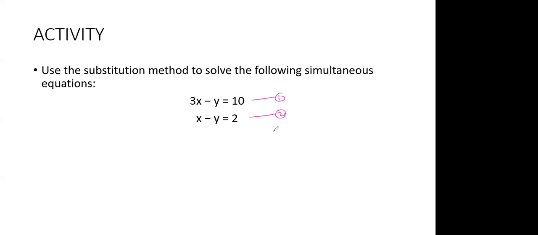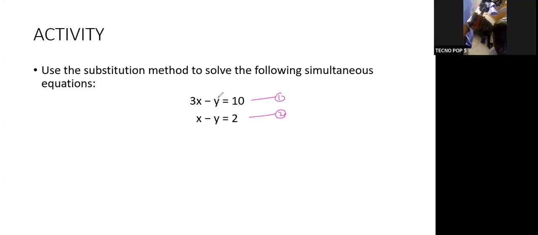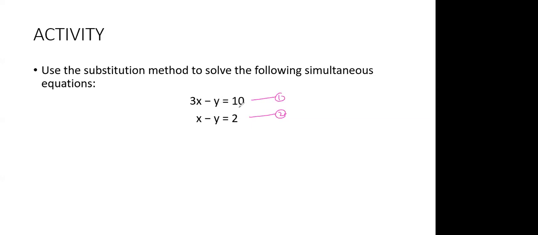When you are choosing which one to make the subject of the formula, check the one which has a coefficient that is not a bigger coefficient, in other words a coefficient of 1 or -1, such that you don't deal with fractions.